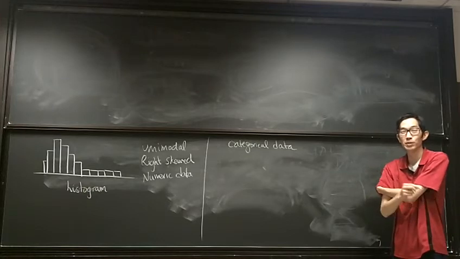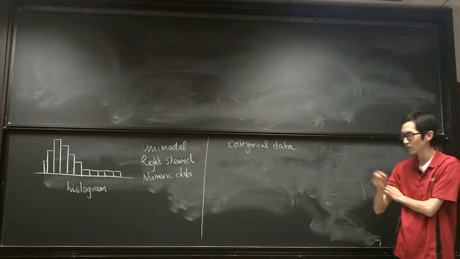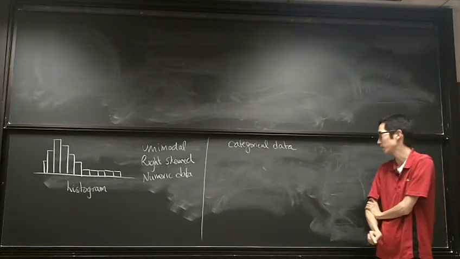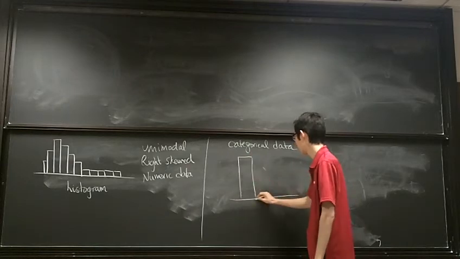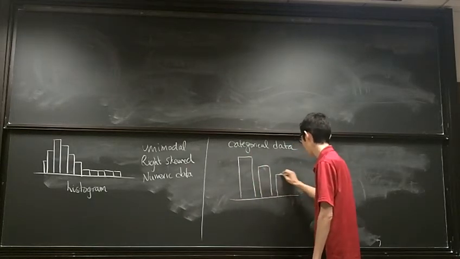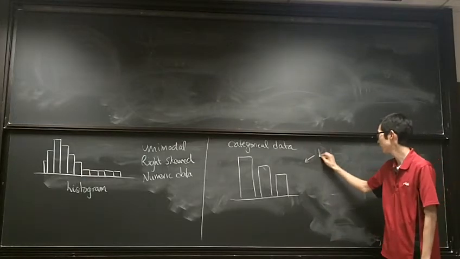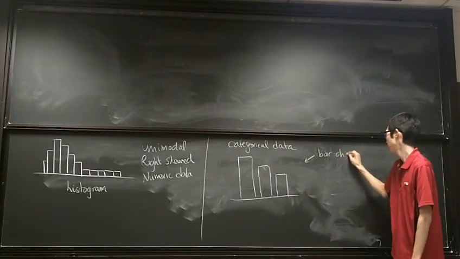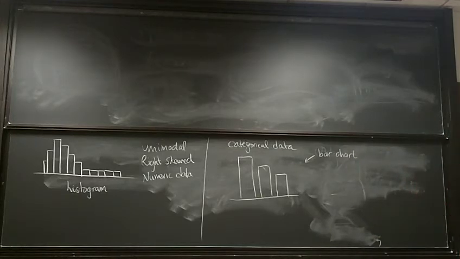What is the name of the graph that we would use to display categorical data? It might look something like this. And this is called a bar chart.